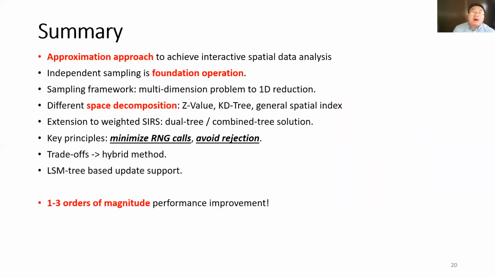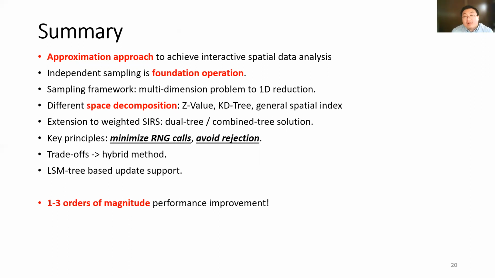In summary, we are talking about an approximation approach to achieve interactive spatial data analysis, and we know that independent sampling is one of the foundational operations. The sampling framework we propose relies on multi-dimensional to 1D problem reduction, and we explore different kinds of space decomposition to make our solution solid.